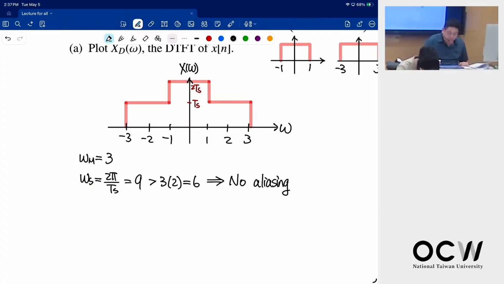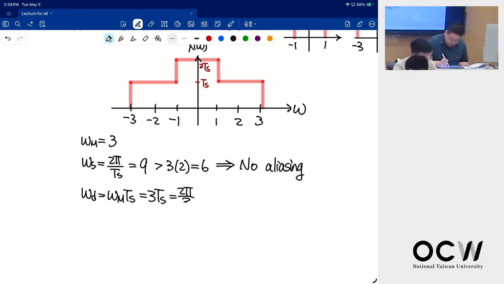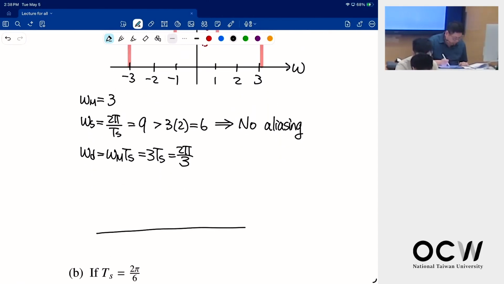Alright, to plot the DTFT, omega d is omega m Ts. Okay, so there will be 3 Ts, which is 2π over 3. Okay, let's plot it.